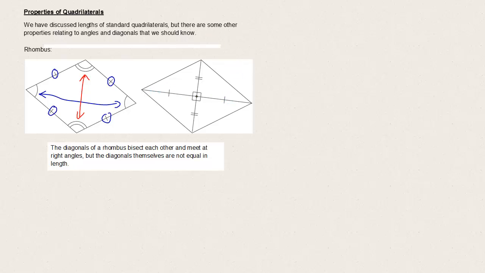The diagonals once again bisect each other, so if we consider this diagonal down here, where they meet in the center, this length from the vertex to the center is the same as this length from the vertex to the center, and the same is true on the other diagonal. But of course the diagonals themselves are not equal in length, but in a rhombus they do meet at right angles.